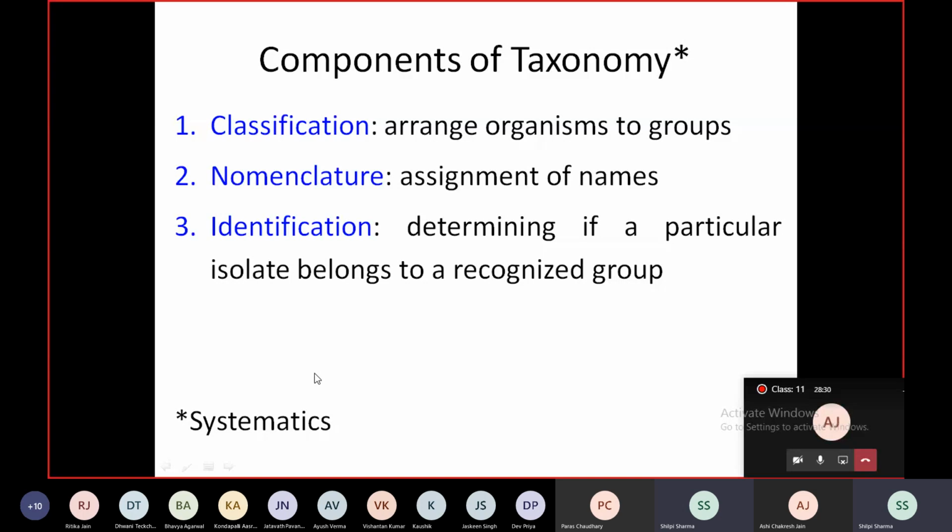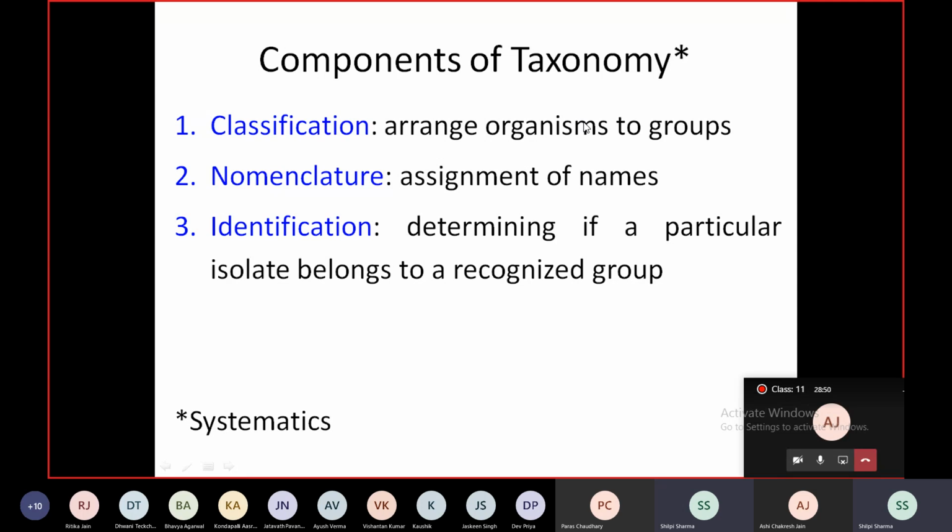The three activities of classification, nomenclature, and identification are the components of taxonomy. Classification is defined as the arrangement of organisms into categories or taxa on the basis of similarities or relationship.